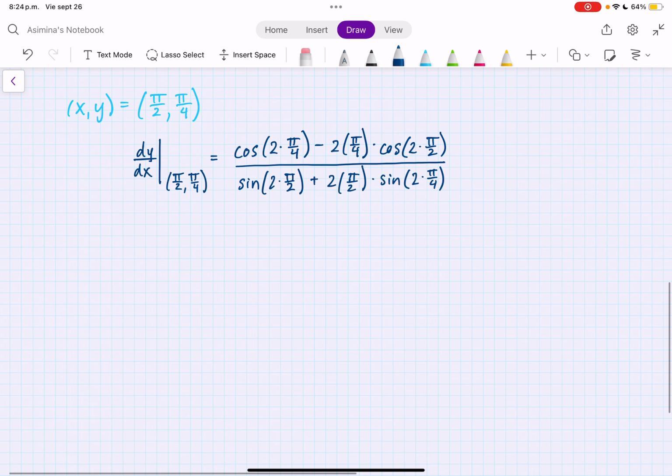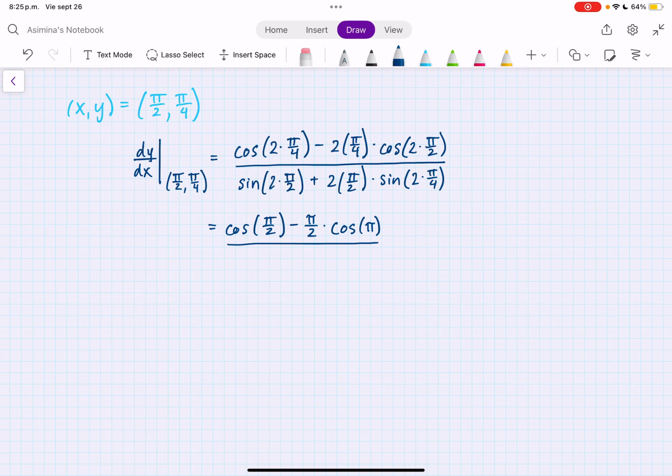Okay, so let me simplify this a bit. So we have cosine of pi over 2 minus pi over 2 times cosine of pi, all over sine of pi plus pi times sine of pi over 2.